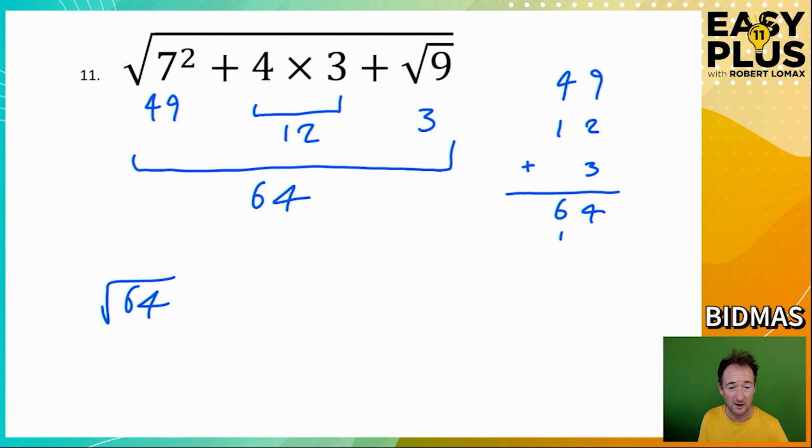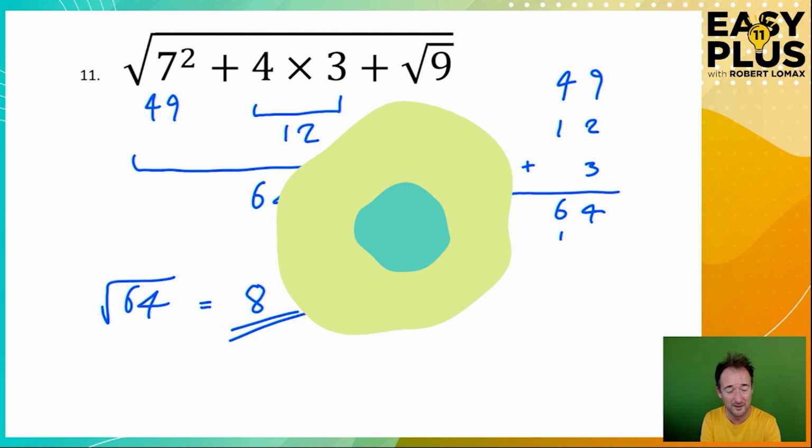So we can work through our squared table, as it were. 1 squared is 1, 2 squared is 4, 3 squared is 9, 4 squared is 16, 5 squared is 25, 6 squared is 36, 7 squared is 49, and 8 squared is 64. So 8 times 8 is 64. That means that the square root of 64 is 8. And that's it. So it comes out quite simply in the end.